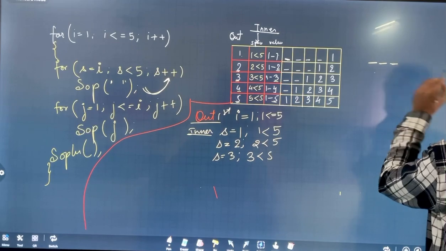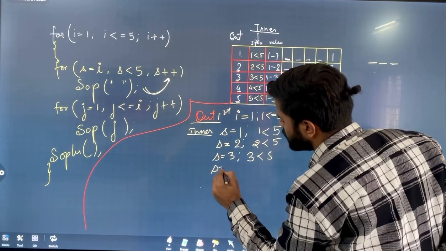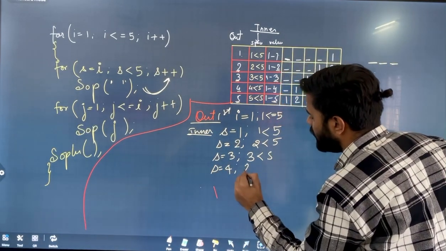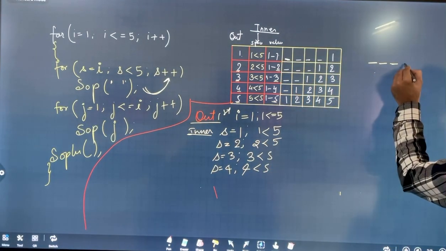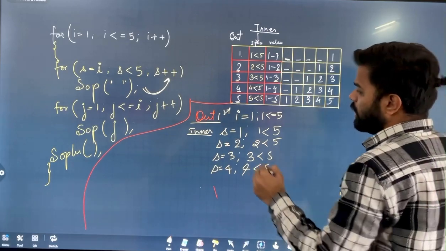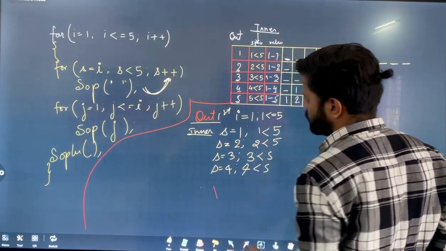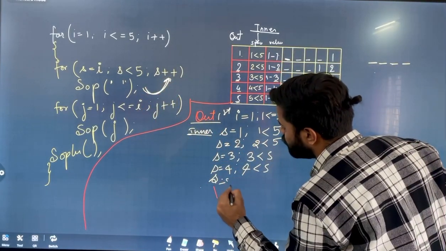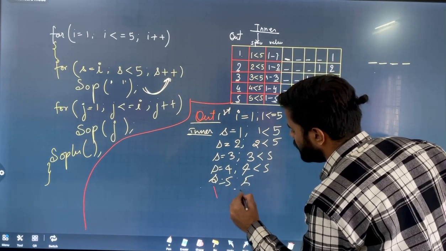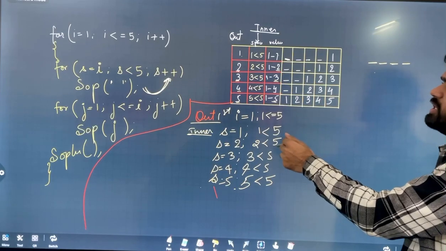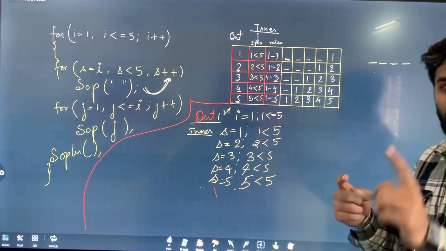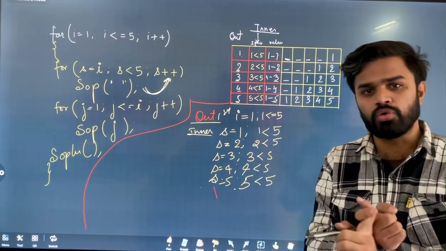It will again print a space. Then S is equal to 4 and 4 is less than 5. Condition is true. It will print a space again. Next time when it comes to S plus plus, S is equal to 5 and 5 is less than 5. This condition is false because 5 less than 5 is not true.